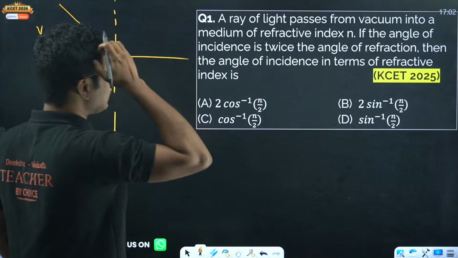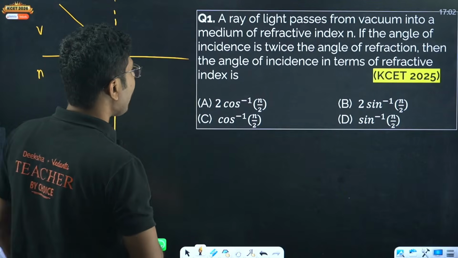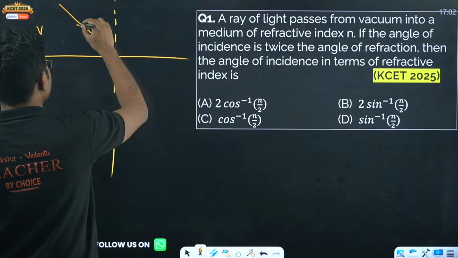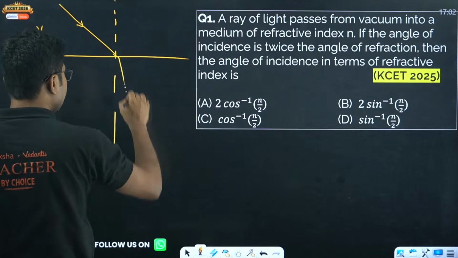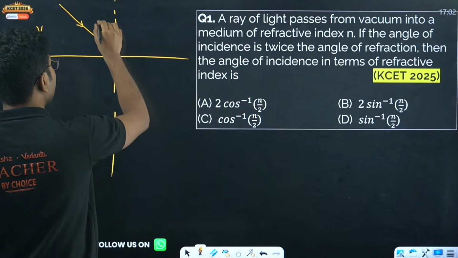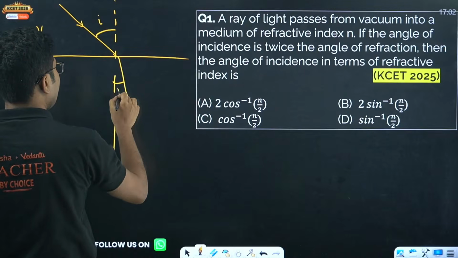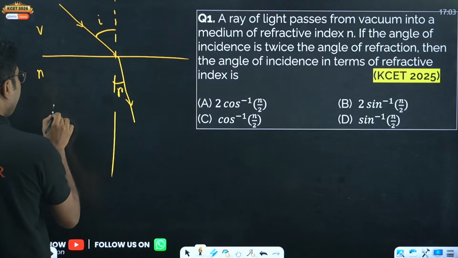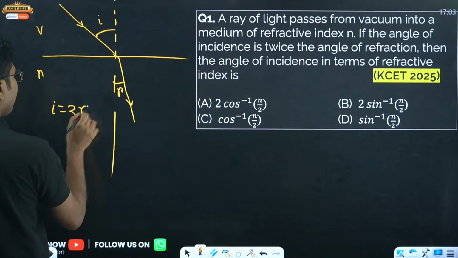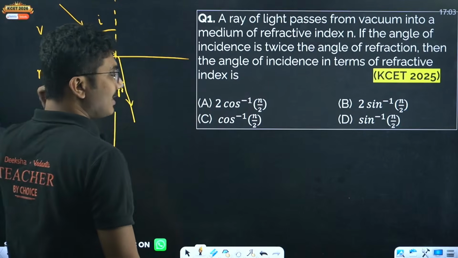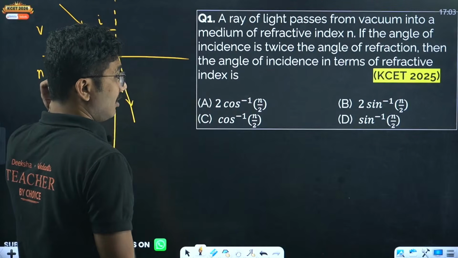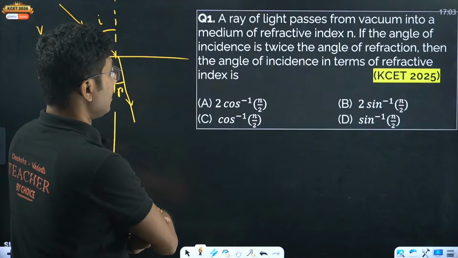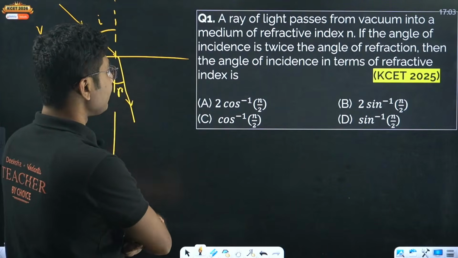It says that the angle of incidence is twice the angle of refraction. Suppose this is the incident ray and this is the refracted ray, so this angle is given by i, this is given by r, and it is mentioned that i equals twice of r. They ask what the incident angle is in terms of refractive index.